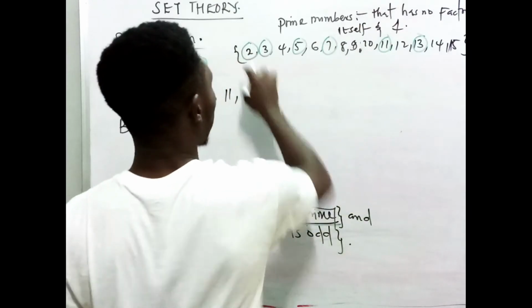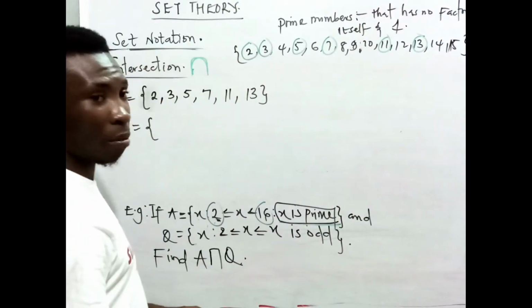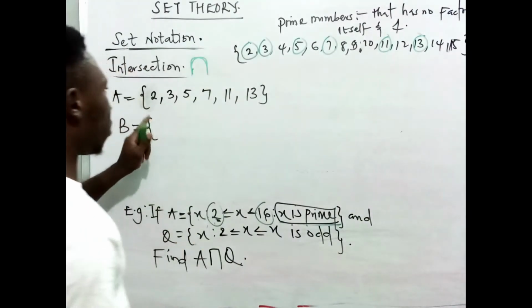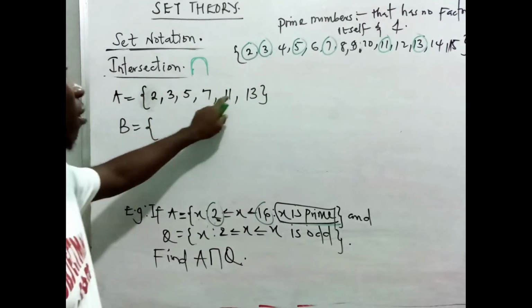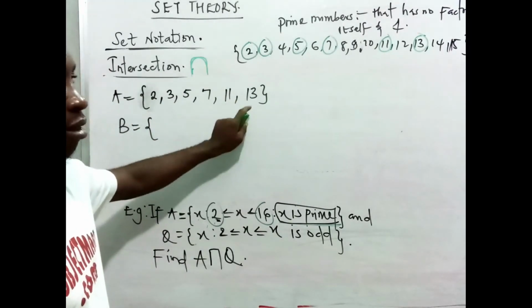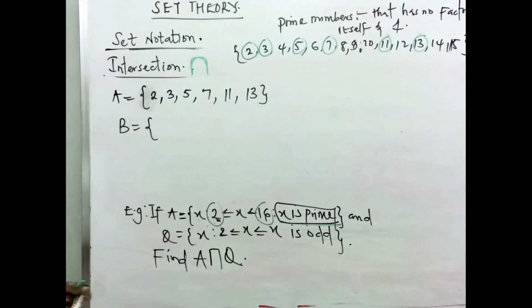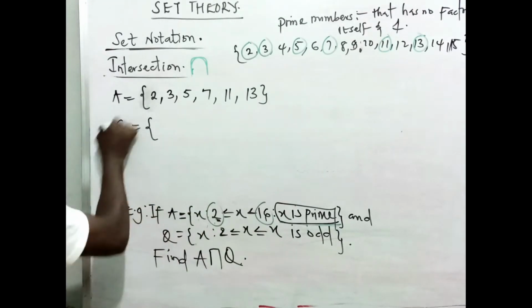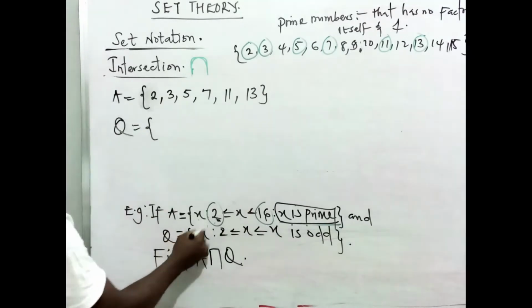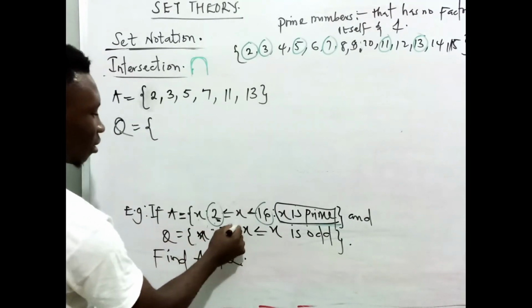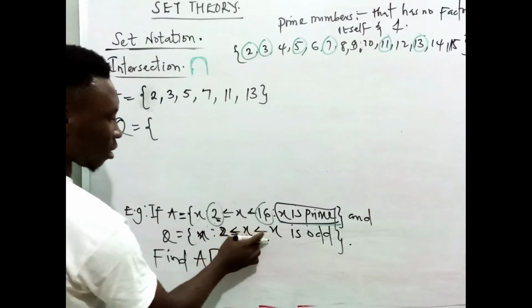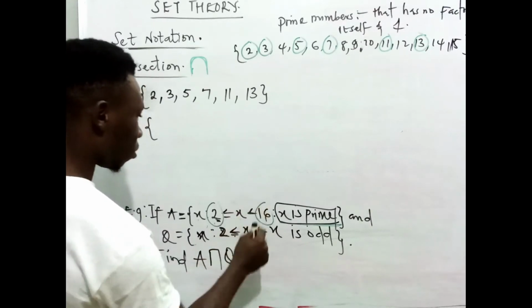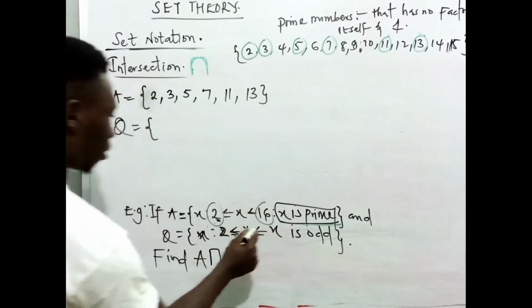So these numbers cannot be reduced by any other number, only themselves and 1. So 2, 3, 5, 7, 11, and 13. So going further, the next one says Q is equal to {x : x such that x is less than or equal to x, which is less than or equal to, okay, we're supposed to have a bound here.